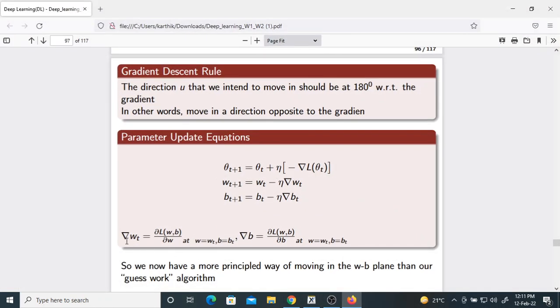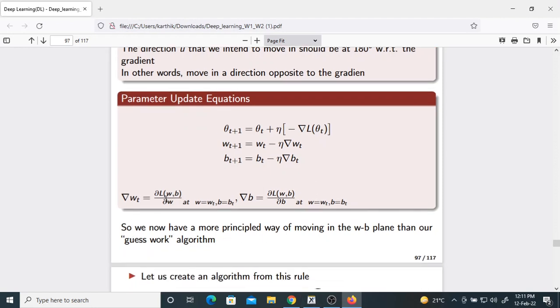Now what is del of w t? Obviously you go with this: del of L of w comma b by del of w. This is the partial derivative with respect to b. We need to find these at specific points, very very important, at w t and b t.